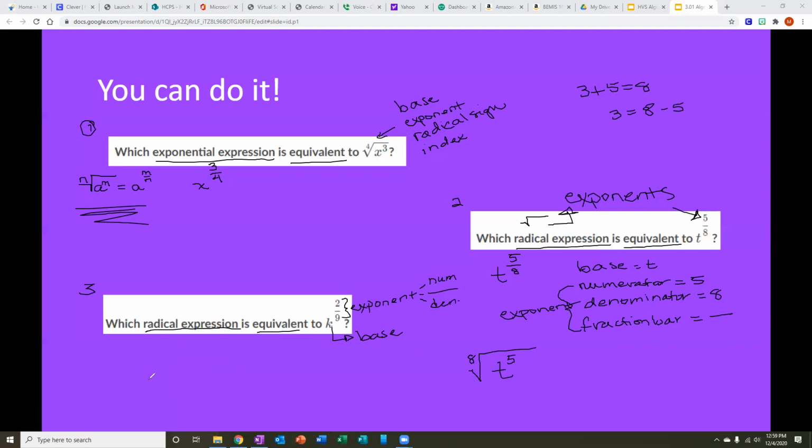So I am simply going to apply the inverse operation. The inverse operation is keeping the base the same. The fraction bar becomes the radical sign. The numerator becomes the exponent, and the denominator becomes the index.